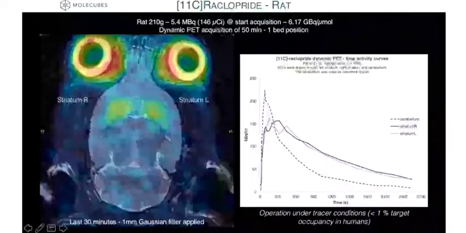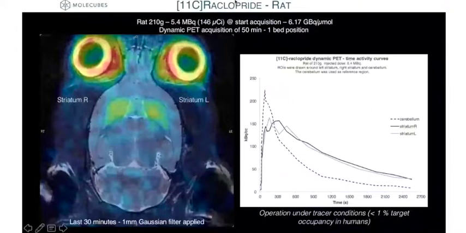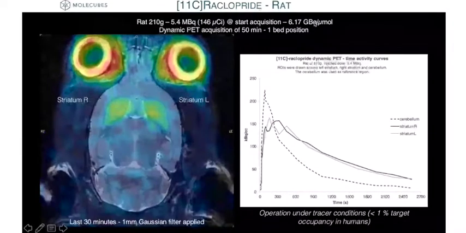The problem here is if you look at small animals, let's take, for example, raclopride, the dopamine 2 antagonist. It's labeled with carbon-11, so it has a pretty low half-life, and therefore it's very difficult to make the compound with very high specific activity. But we also should inject a very small mass of the compound, which means we should inject a pretty low activity to have a target occupancy lower than 1%.